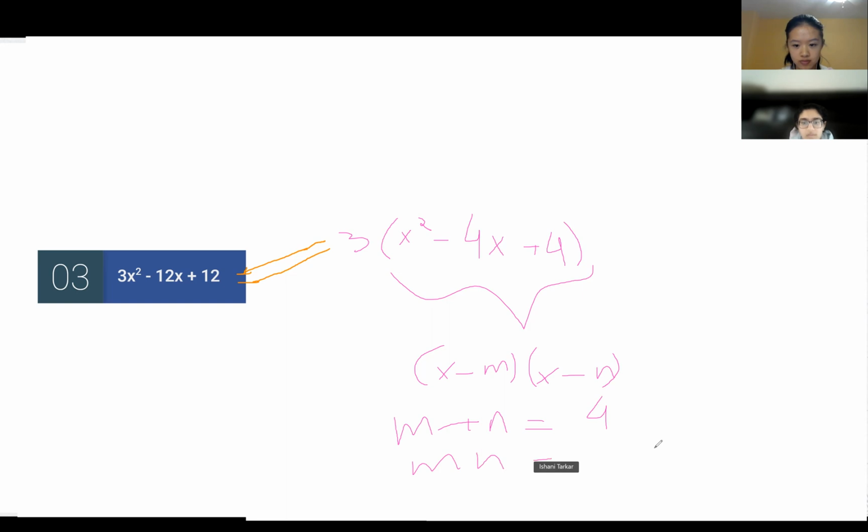This is a small number. The values that you will get for m and n are both 2, because the values that add to 4 and also multiply to 4 are 2. So we would get x minus 2 times x minus 2, and we would have 3 times x minus 2 squared as our answer.